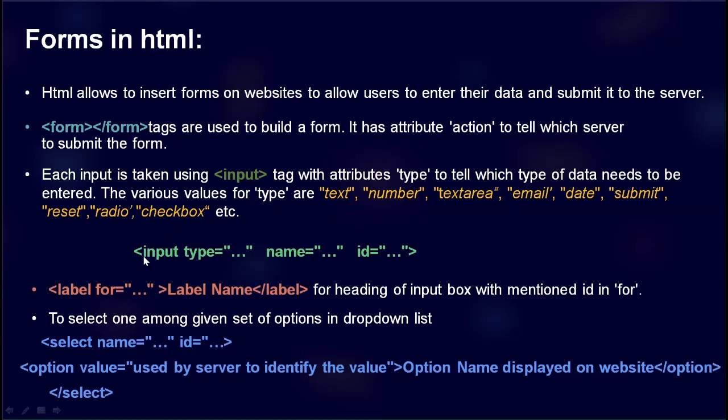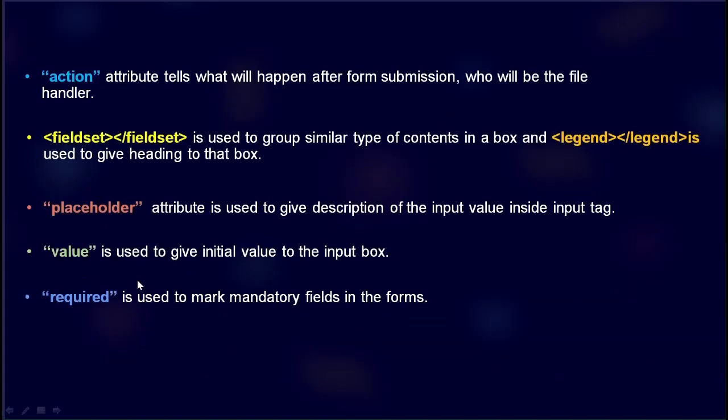Input is taken by this tag, and label for labeling the input tags, and then select option for creating the drop-down list. Next comes the action attribute for the form, which will be responsible for handling the form. Okay, whatever will be happening after the form submission. Next was the fieldset that is used to group together the same type of elements you wanted in your form to be together, and legend will be giving them the heading that is required for that group.